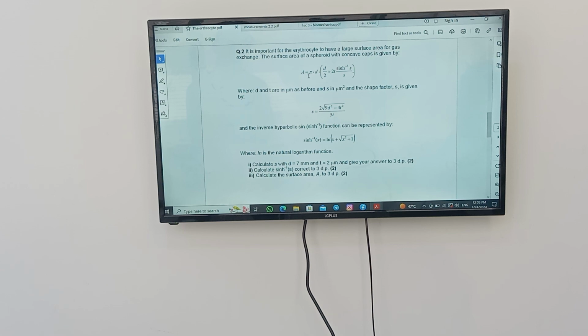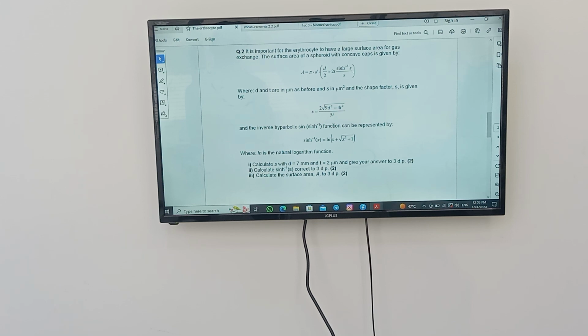The area equals pi multiplied by the diameter, open brackets, diameter divided by 2 plus 2 multiplied by thickness, sine to the power of minus 1, by the S. S is the shape factor.